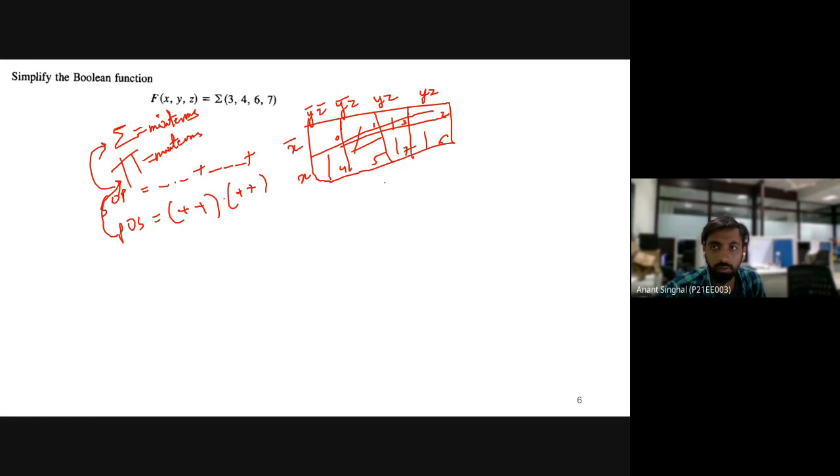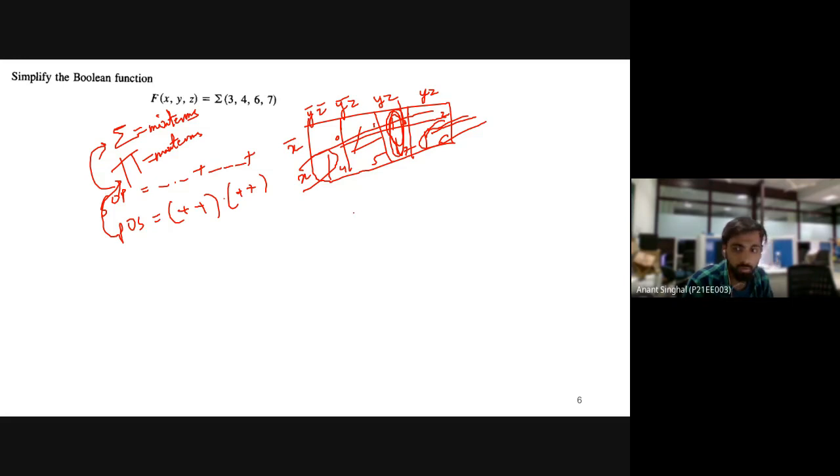Fine, so let me try to solve it. Here you can see we can make a pair of this, right? And then we can pair this one with this one. So if I do something like this, there will be no redundancy. If I make these two pairs, I'll be able to solve this question quite easily.